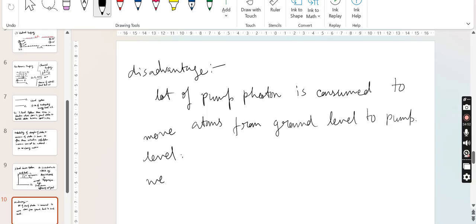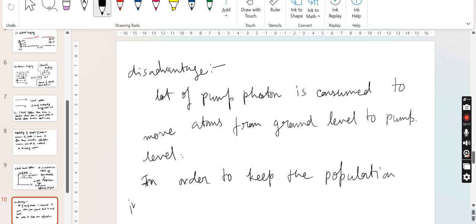And in order to keep the population inversion, pumping should be very fast.